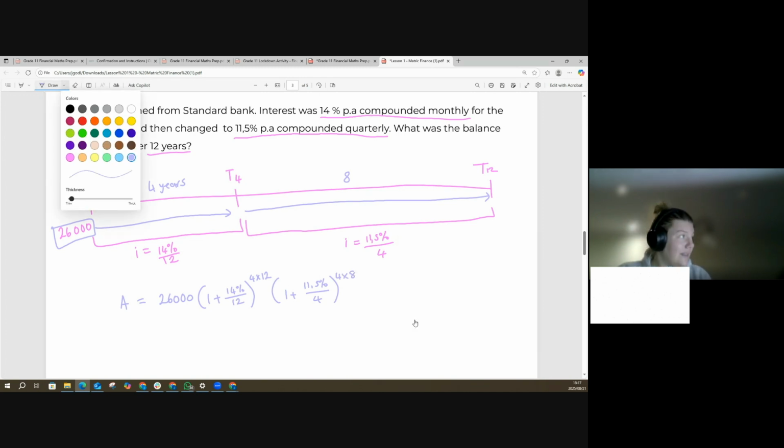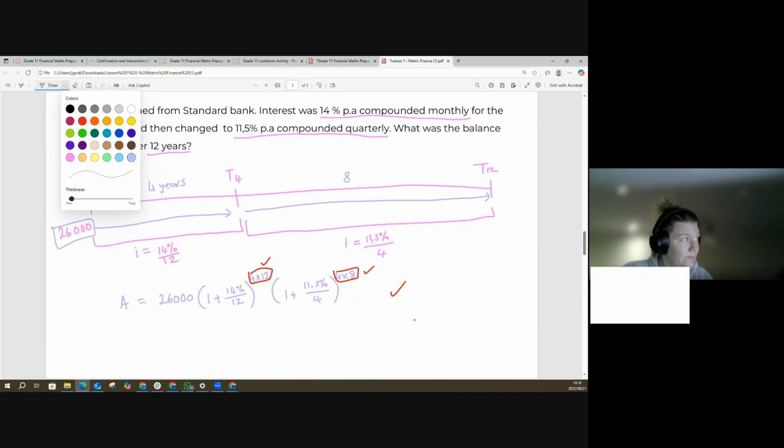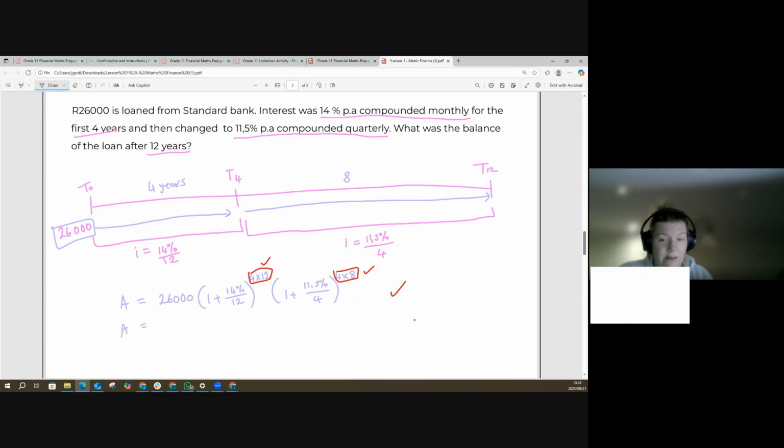For this one, there are very specific marks that you would get. You would get a mark just for the general setting out of everything, a mark for the 4 times 12 and a mark for the 4 times 8. So just for that one line, you're going to get 3 marks, which is quite nice.